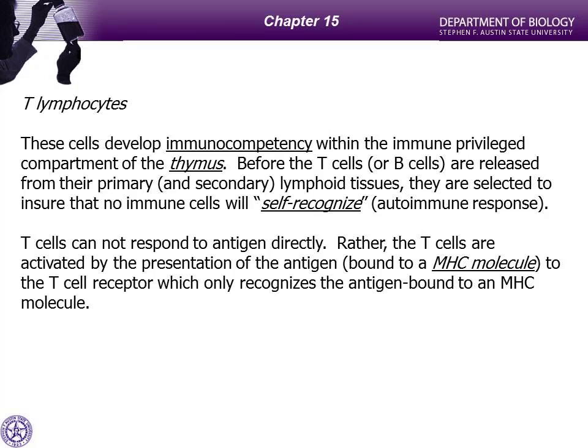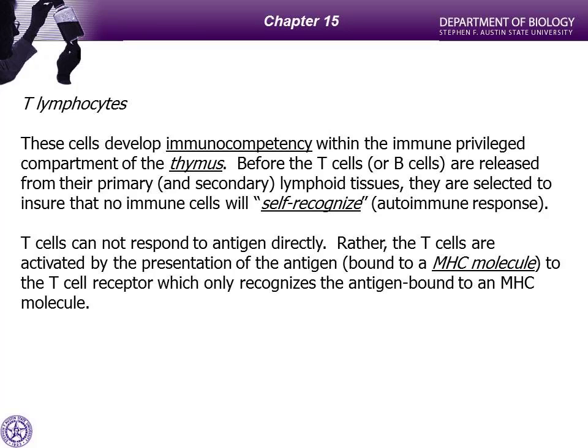Now the other thing that makes T cells distinct from the other cells that we've seen is that T cells aren't directly contacting antigen. Macrophages, they can go gobble stuff up. We can see that many of our granulocytes can recognize pathogens. B cells have receptors for antigens on their surface.